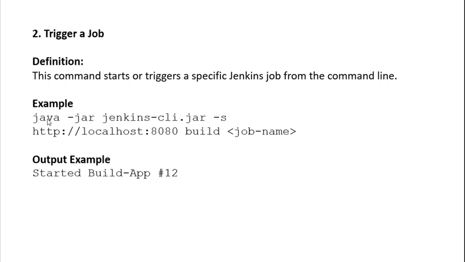Use the command java -jar jenkins-cli.jar -s http://localhost:8080 build and the job name. The output of the command starts a build, build app number 12.